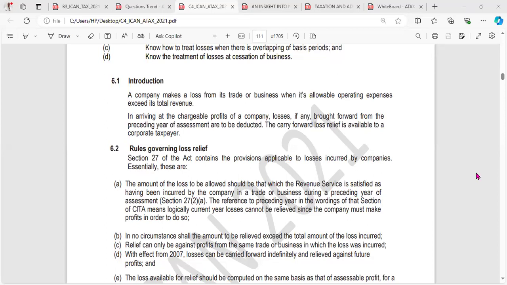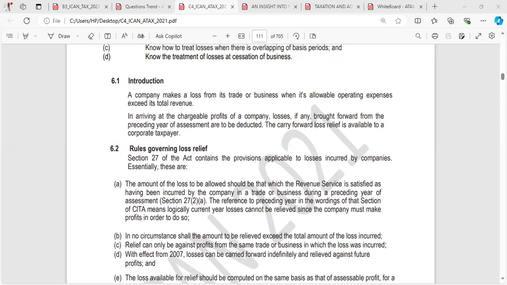Then the third one is that losses can only be relieved against profit from the same trade or business in which the loss was incurred. So it means that if you have different forms of business, let's say you are an enterprise and you have an accounting firm, which is a business name.